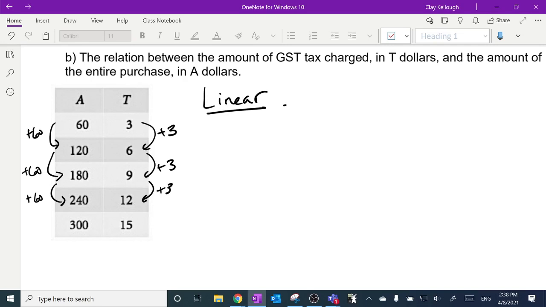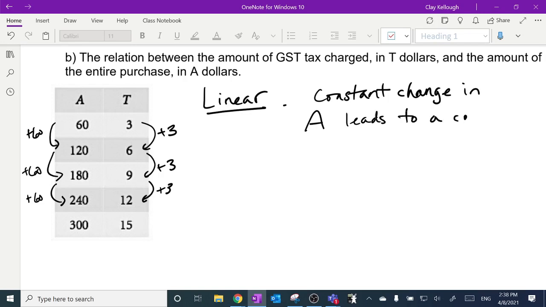Because constant change in the A value leads to a constant change in the T value.